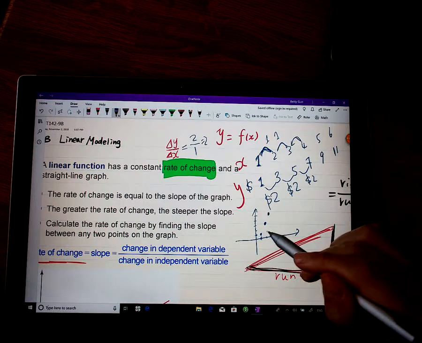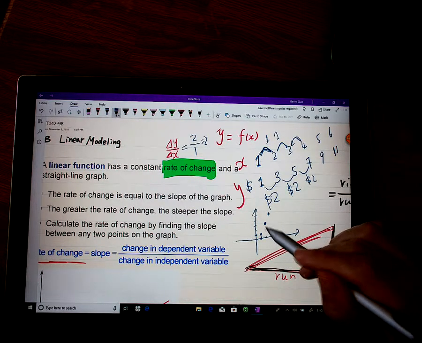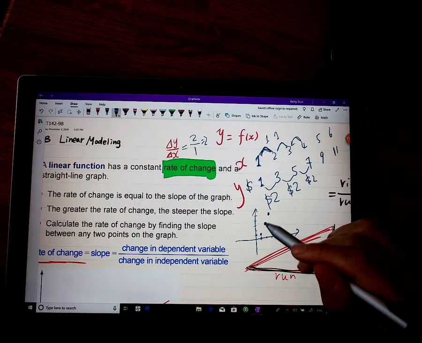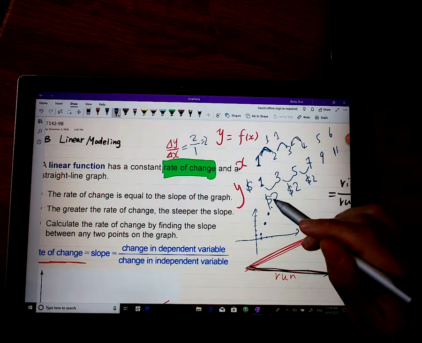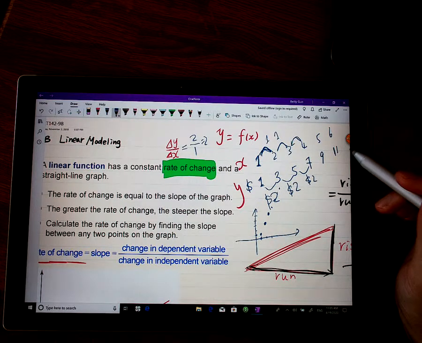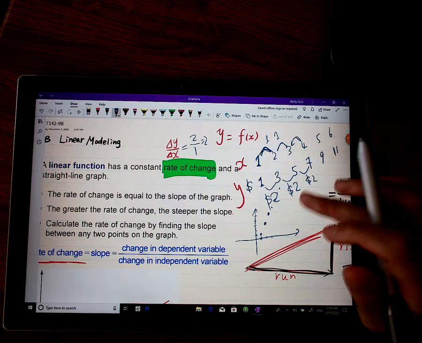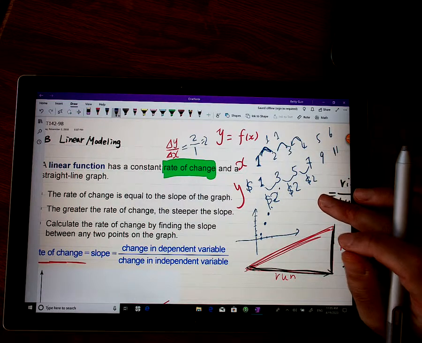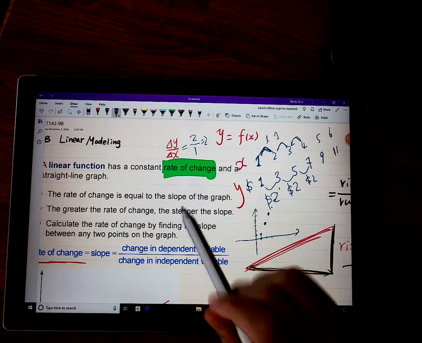So you can see every time your x increases 1 unit, your y increases 2 units. Okay, so you would have all those points. Those points are collinear. So that is a linear function. Am I clear about that? I think this is a good example. It's very simple, straightforward. It could help you understand what the rate of change is.